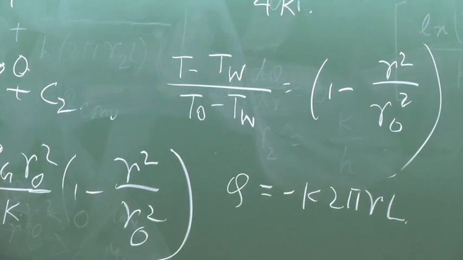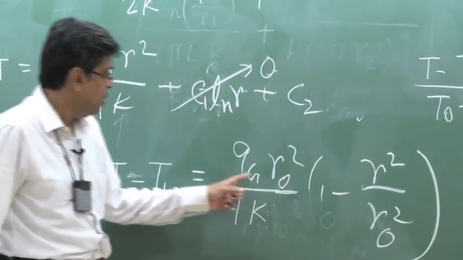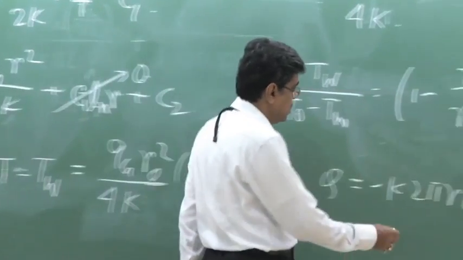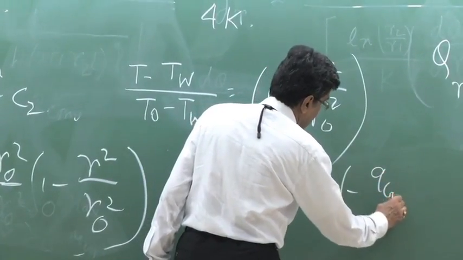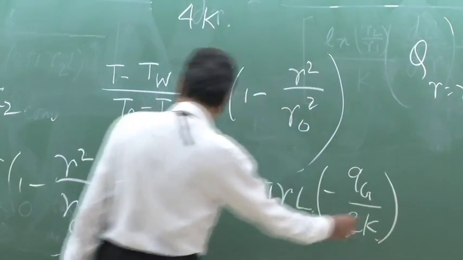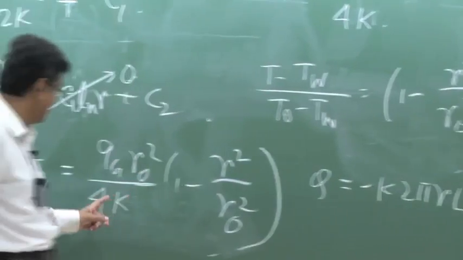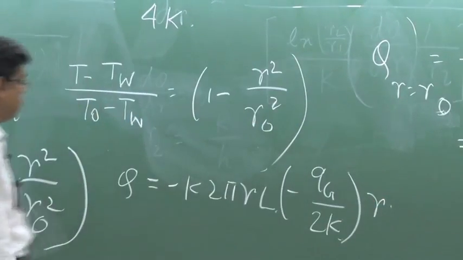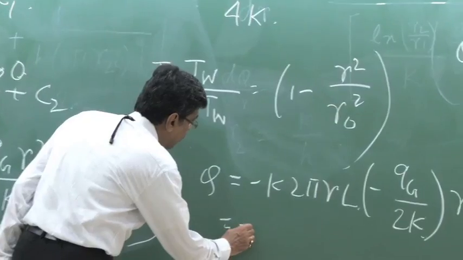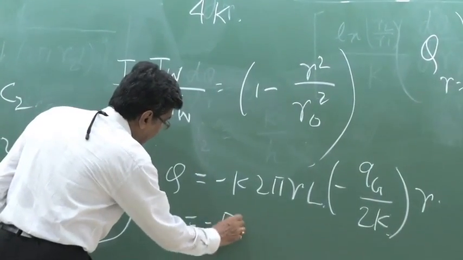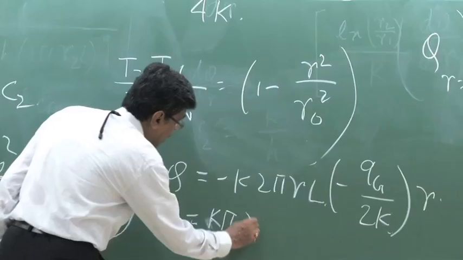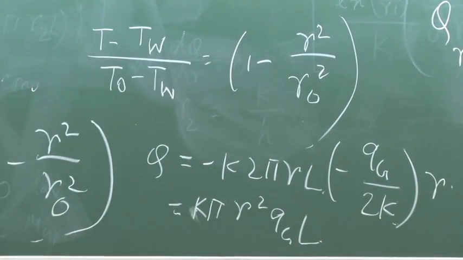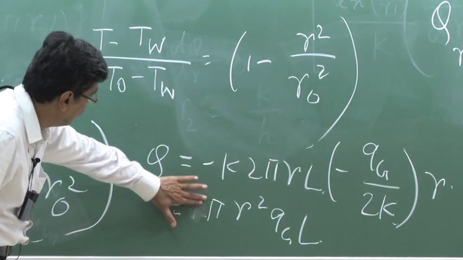What is dT/dR? dT/dR is twice R, Qg by 2k, minus Qg by 2. R0 square will cancel, 2k R. That means minus pi, minus will cancel, k pi R square Qg into L. K will also be cancelled.